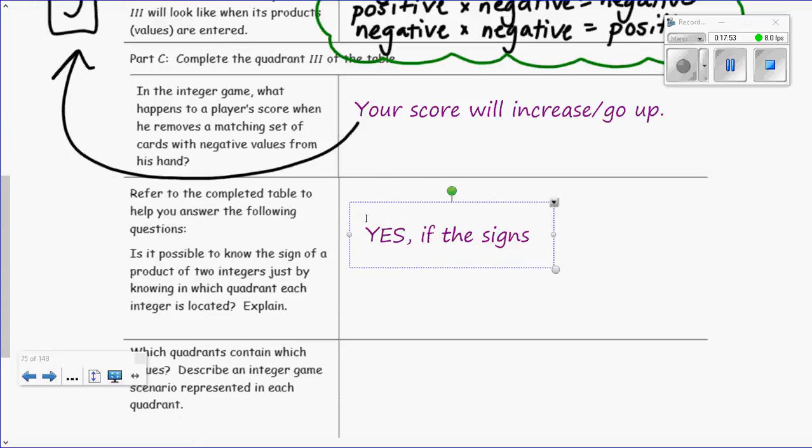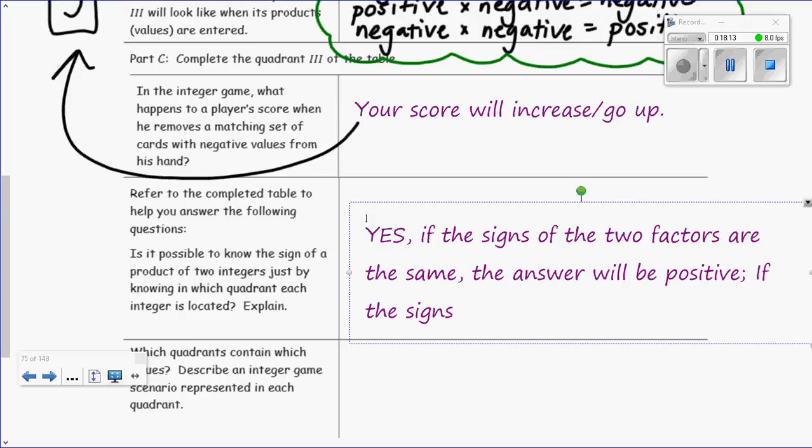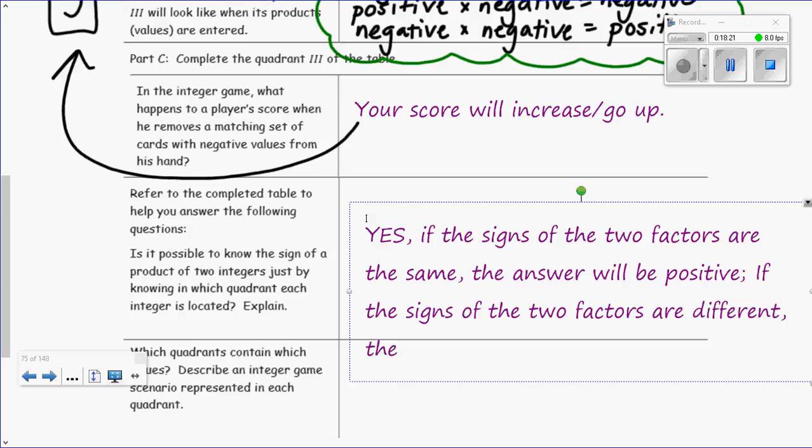If the signs of the two factors are the same, the answer will be positive. If the signs of the two factors are different, that means one positive and one negative, the answer will be negative.